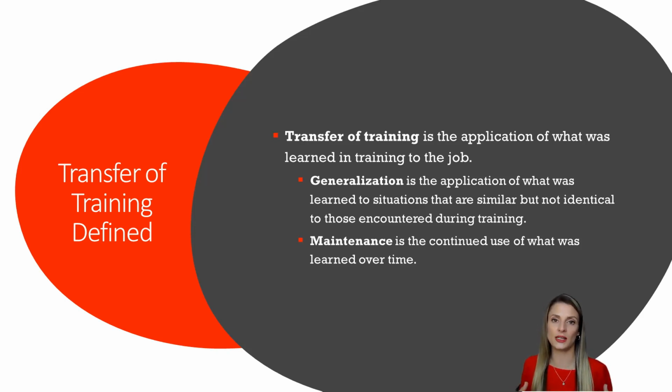Many people are trained in situations that are different from the situations they face on the job. Maintenance is related to that idea that if we don't use something, we lose it. Use it or lose it. Maintenance involves the continuous use of some knowledge or skill or behavior on the job.